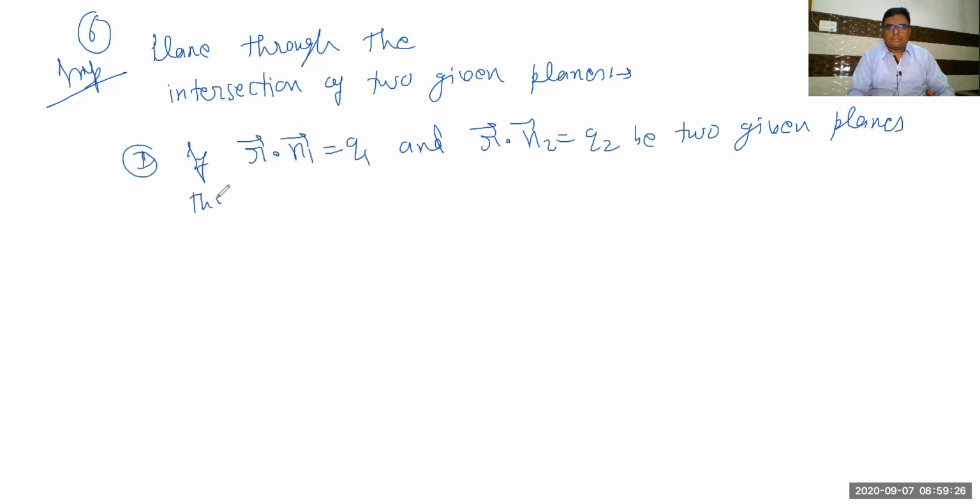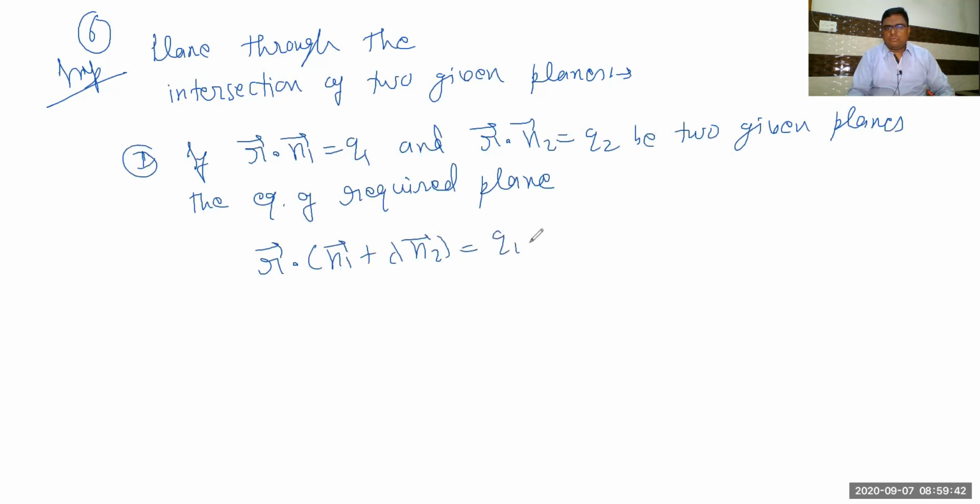then the equation of required plane is r vector dot (n1 vector + lambda times n2 vector) = q1 + lambda q2.